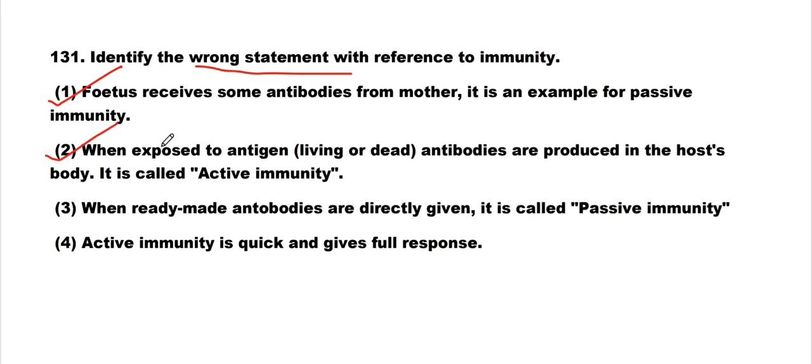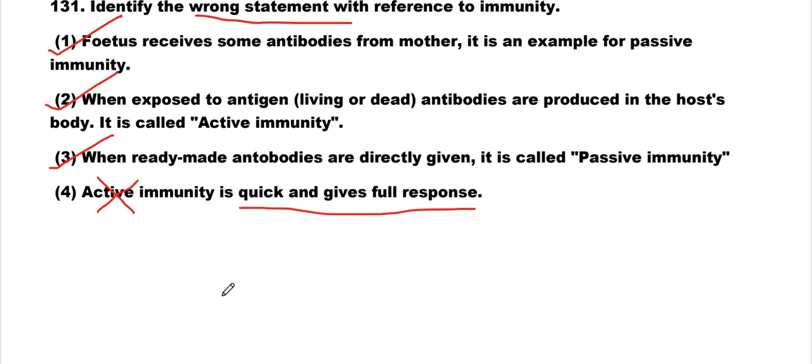Once anybody gets a disease, then he will naturally recover from it, which is called natural active immunity. When ready-made antibodies are directly given, it is called passive immunity. Yes, this is passive immunization, which happens in case of snake bite. Then active immunity is quick and gives a full response. This is wrong. Active immunity is not quick, it is slow and gives a long-term effect of immunity to an individual.